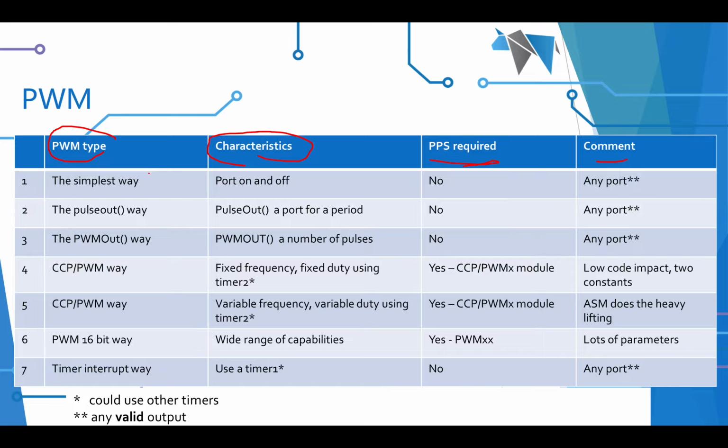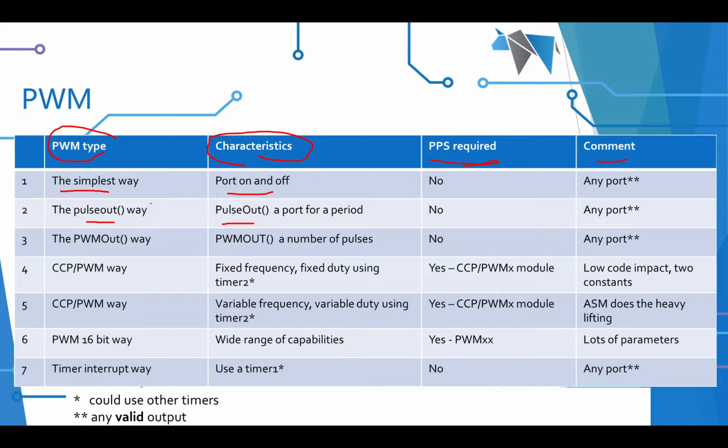So we have a command which is a really simple way. We can just turn the port on and off. That will generate a square signal, and you can do that on any port that is valid, okay? All right? Can't do it on every port, but you can do it on a lot of ports. We have a command that's called PulseOut, and you can pulse out on a port, any port that's valid, and you don't need PPS.